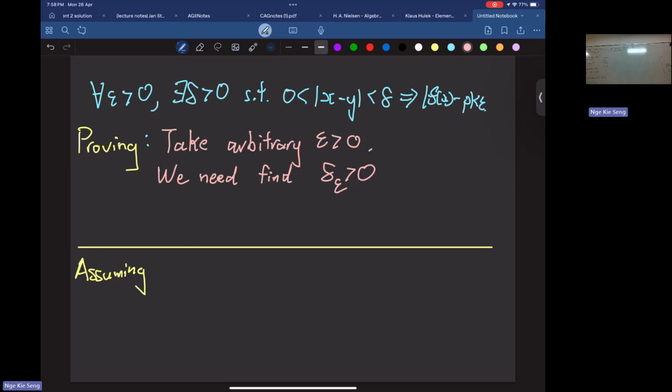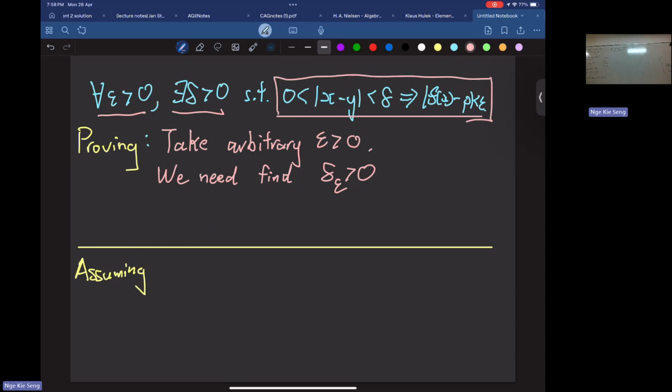What does this delta have to satisfy? Can you read it from the statement? Now we come to the second part, the thing after such that. Basically you can split this sentence into three parts. After each quantifier you make it one part, and then this last part here. Does anyone understand what this last part is from your discrete math?